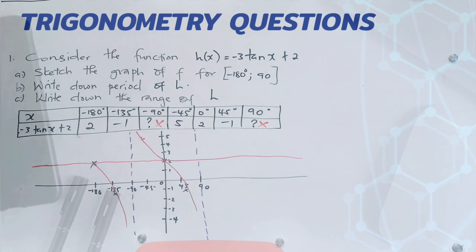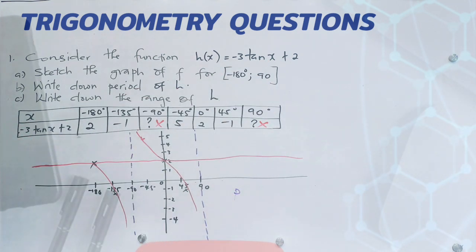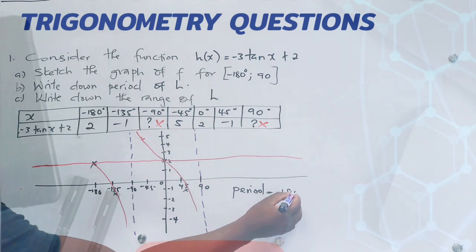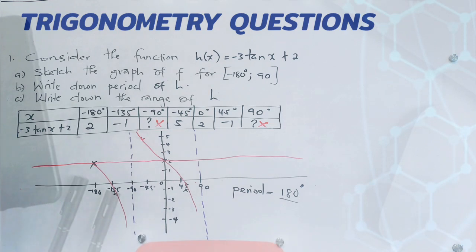Then the next question is to write down the period of this graph. Remember I said the period is determined here. So the period of this one is equal to 180 degrees divided by the value of b. Our b is 1, so we divide by 1, we get 1. Our answer stays 180 degrees.